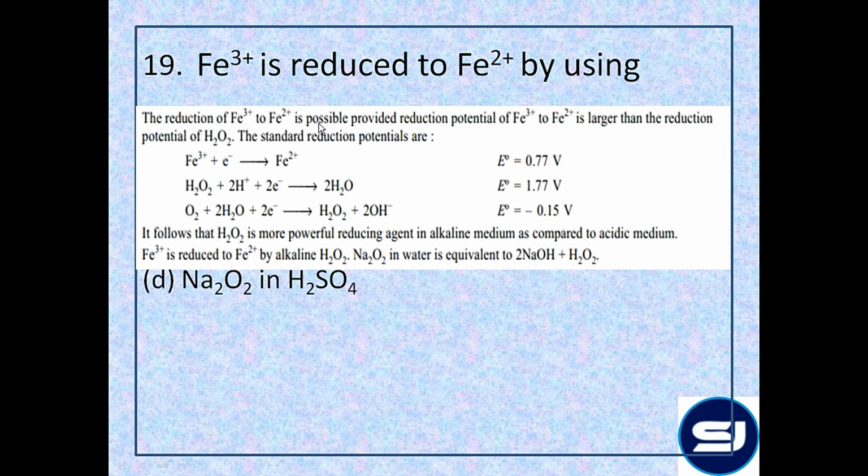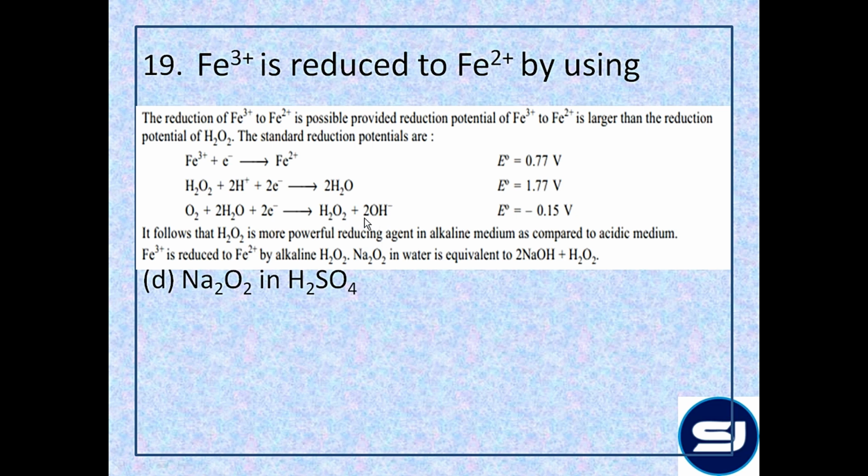So the reduction is possible only if the ferric to ferrous SRP is larger than the reduction potential of peroxide. So if we observe for acidic medium, the reduction potential is much higher. So the reduction won't be possible in acidic medium.